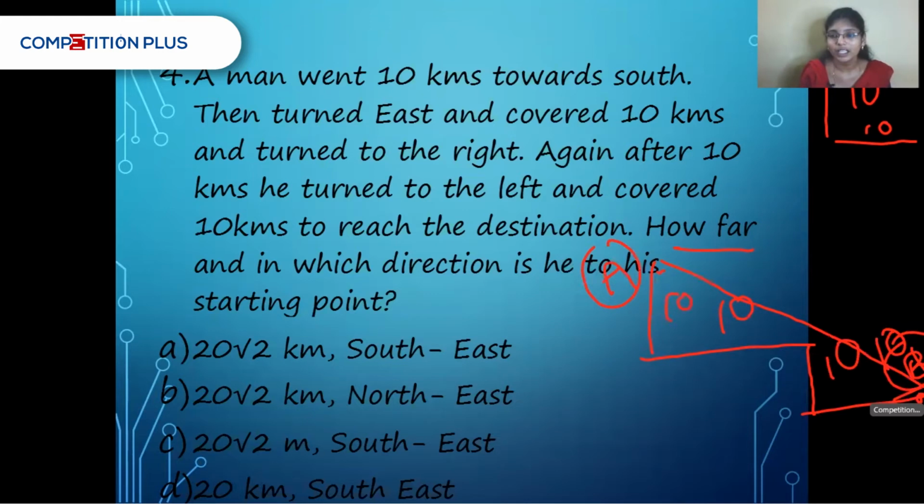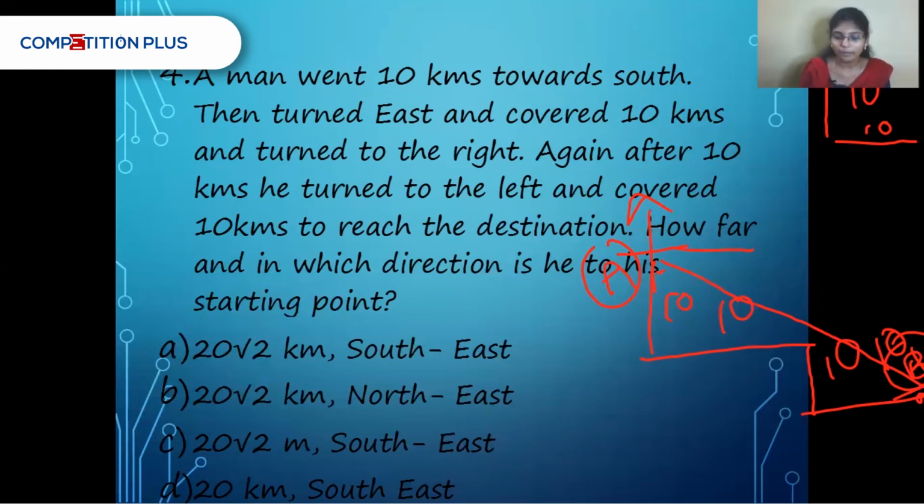As per our chart, this is somewhat in the diagonal direction. Diagonal means you should remember your cardinal directions, like northwest, northeast, southwest and southeast. Now imagine from his starting point, because the question has asked his direction with respect to his starting point.